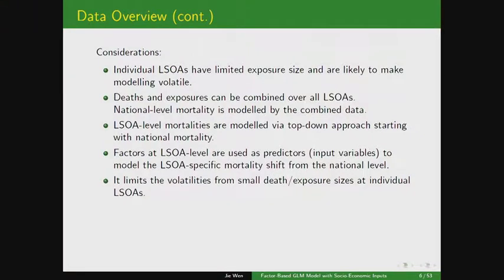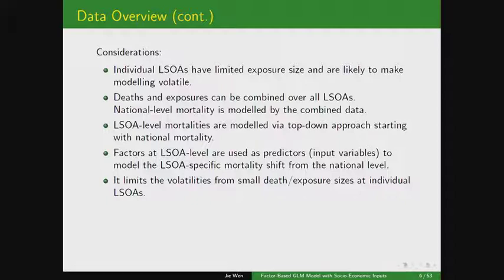Given the data we have on hand, here are some considerations. The individual LSOAs, as Andrew has talked about, only have around 1,600 people. So there is limited exposure size, which is likely to make the modeling quite volatile. And that's why we are considering combining the death and exposure data together to calculate the national level mortality at first.